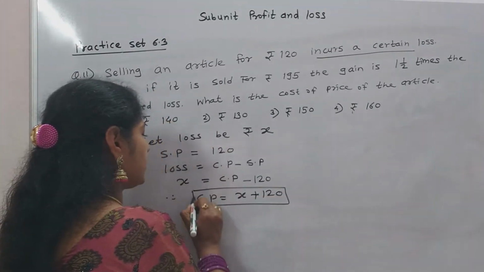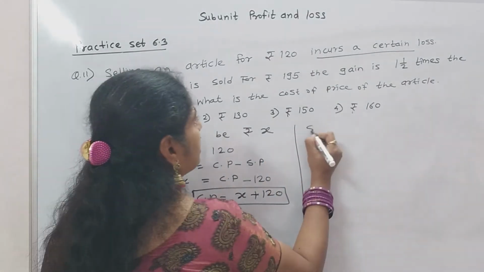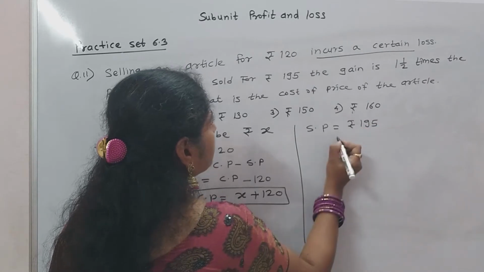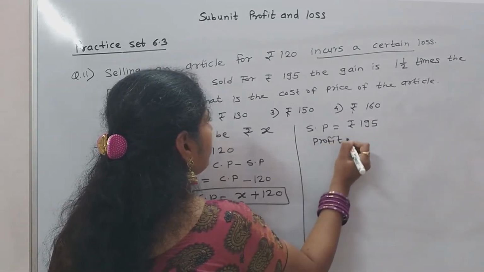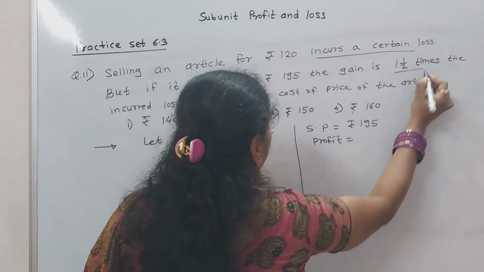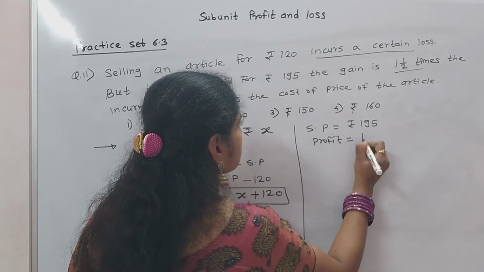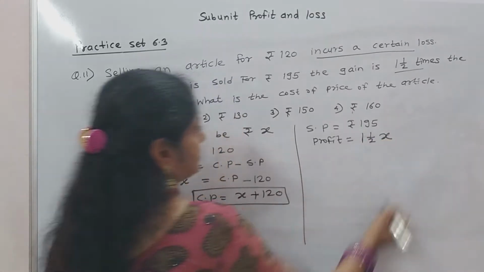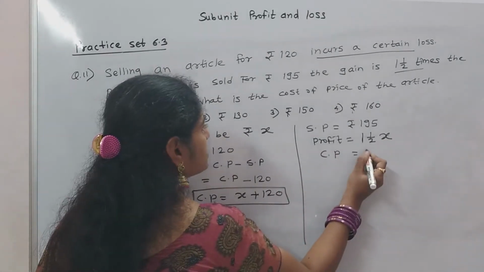In the second transaction, selling price is equal to rupees 195 and there is a profit, and profit is equal to 1.5 times of that loss. Loss is X. So profit is 1.5 times of X. We have to find the cost price.